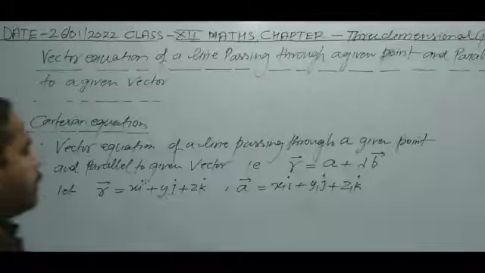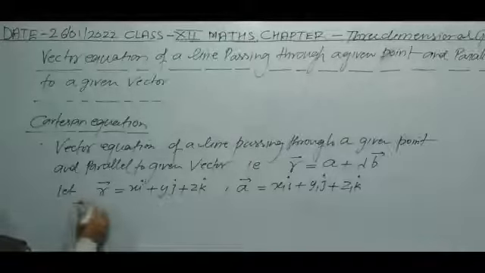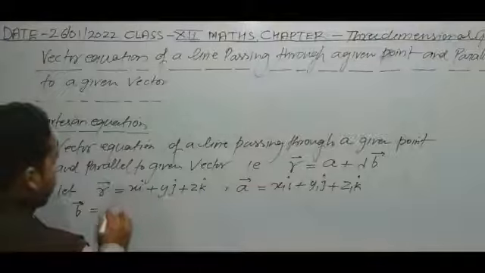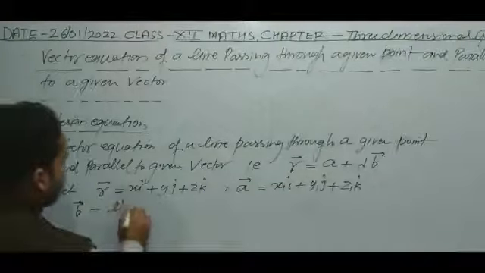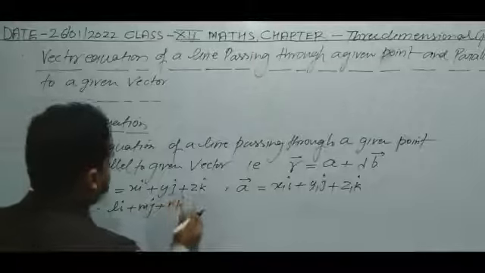So we can write vector B is equal to li plus mj plus nk.